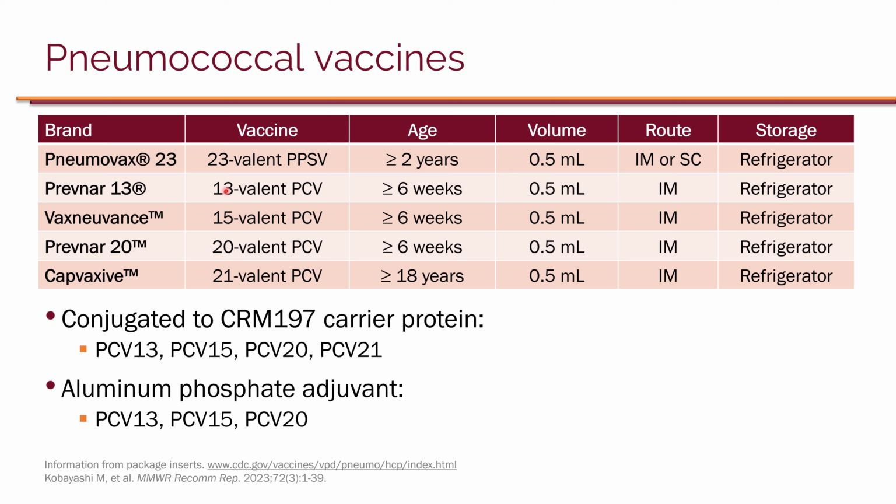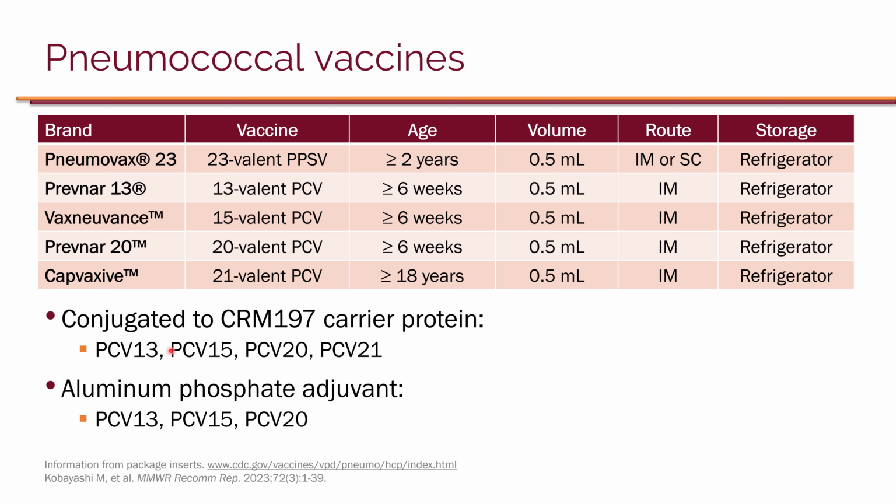And the PCVs, which are pneumococcal conjugate vaccines, differ from PPSV, which is polysaccharide vaccine. They're essentially conjugated to CRM197 carrier protein. So all 4 of the PCVs are, that's how they are conjugated, and that improves immunogenicity, which I'll explain in a minute.